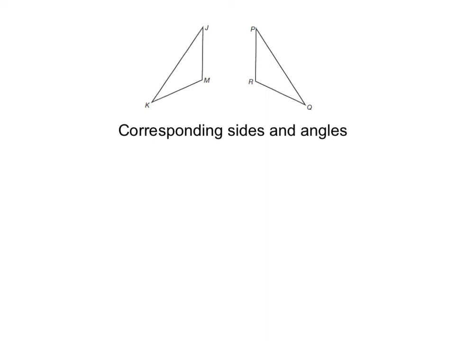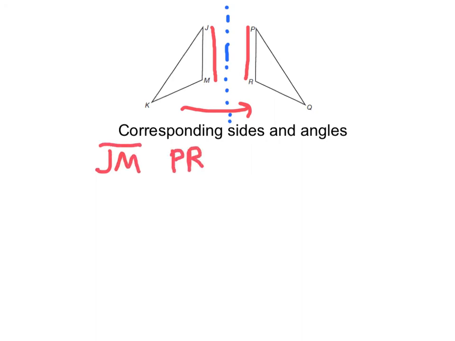First of all, it looks like these are mirror images of one another. So if I had my line of reflection going right between them, since they're mirror images, that means that this side right here, JM, if I was to reflect it to the other side, would correspond to side PR. So JM and PR correspond to one another. And it looks like they're congruent.